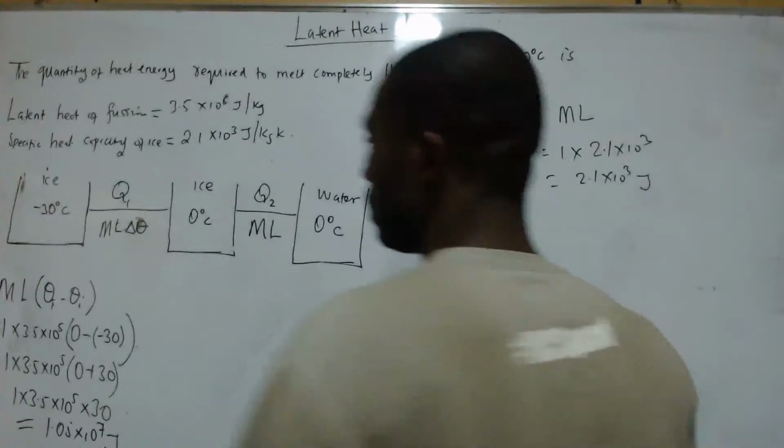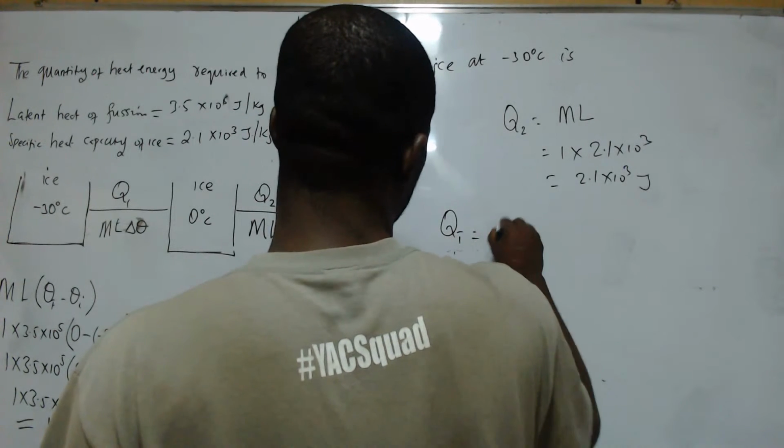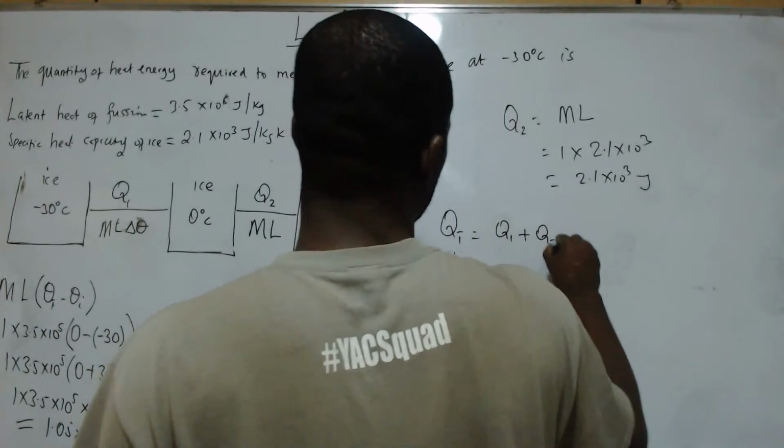Now, the total heat that will make up the system, QT, will be Q1 plus Q2.